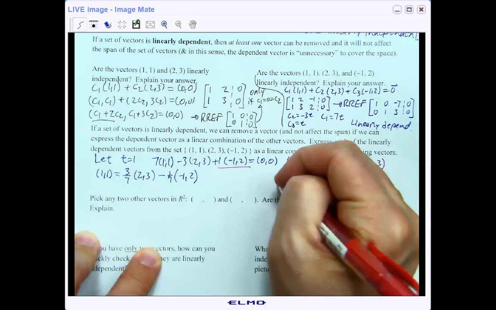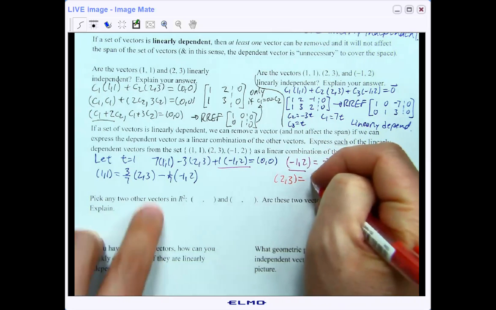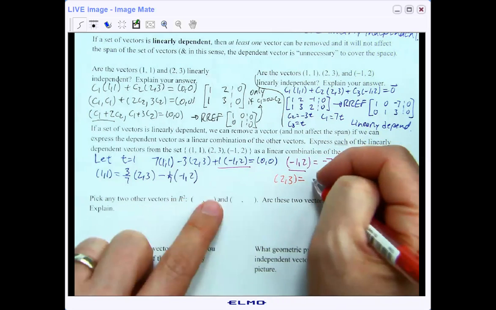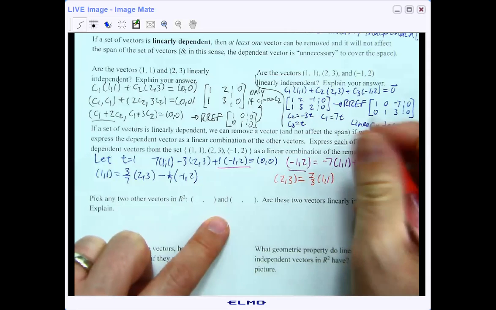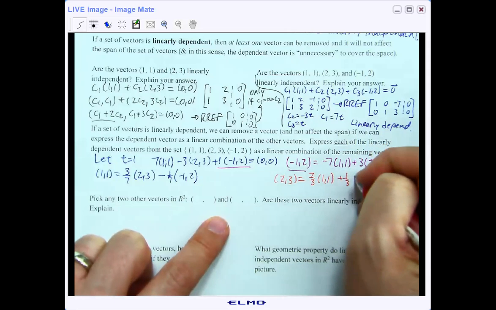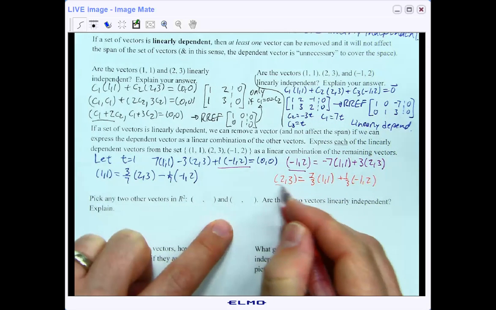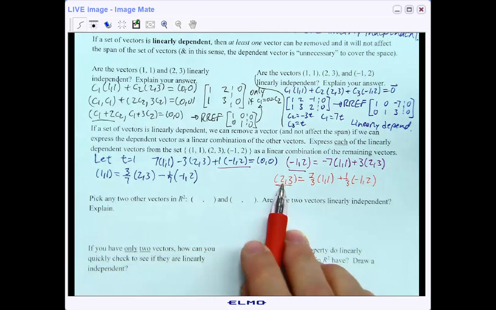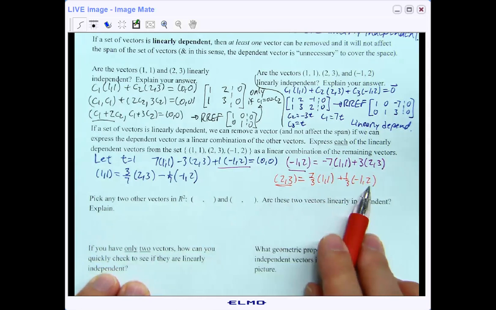Finally, if I move the vector (2, 3) to the other side and divide by 3, it is 7/3 times the (1, 1) vector plus 1/3 times the (-1, 2) vector. So the (2, 3) vector is unnecessary, because anything I could make with it, I could have made with the other two vectors as well.